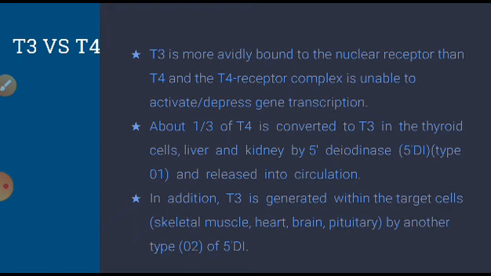This is the type 1 deiodinase enzyme. In addition, T3 is generated within the target cells, maybe skeletal muscle, heart, brain, pituitary, and that is by another type of 5'-DI, which is called the type 2 5'-DI.